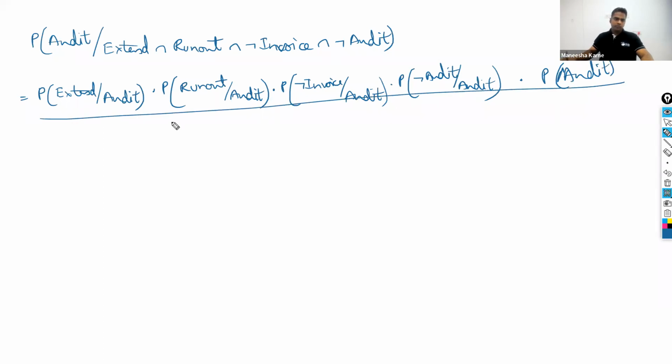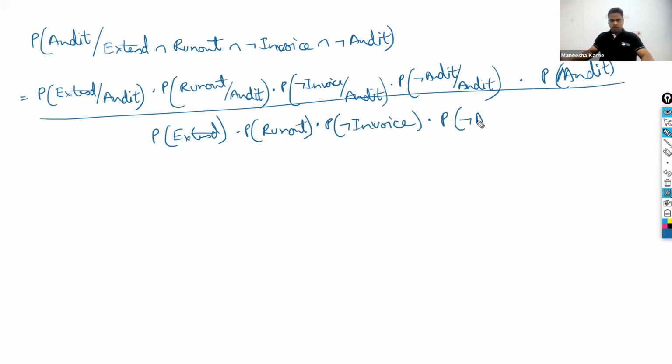divided by probability of denominator, which is probability of extend into probability of run out into probability of not having the word invoice into probability of not having the word audit. This is one formula.